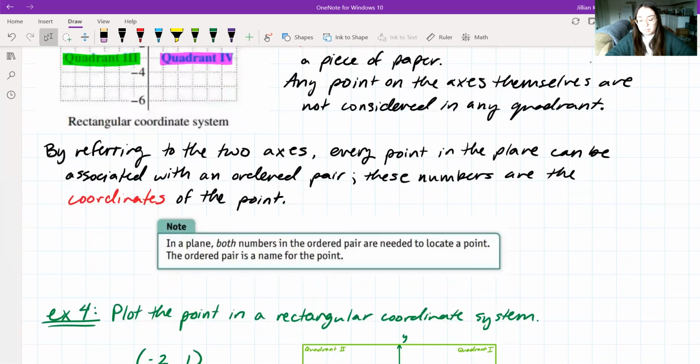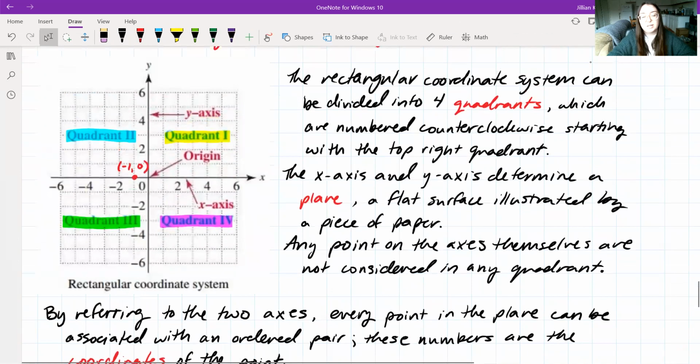In a plane, both numbers in the ordered pair are needed to locate a point. The ordered pair is the name for the point. So our point is literally going to be that dot. The ordered pair is the name. But that is how we would begin plotting points on a graph.